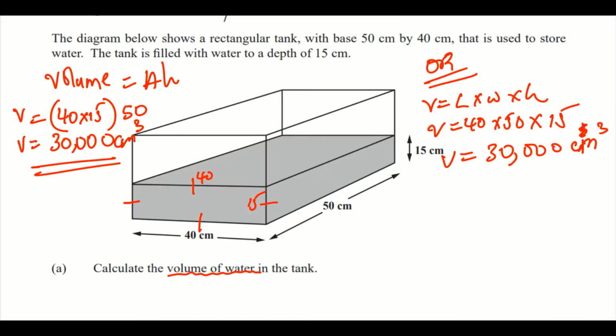Alright, now for part C. Part C says show that the new depth of water in the rectangular tank is 28.2 centimeters. Now, what are they talking about? Remember, first they gave you a rectangular tank where the water depth was 15 centimeters.